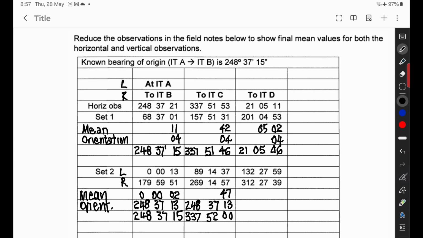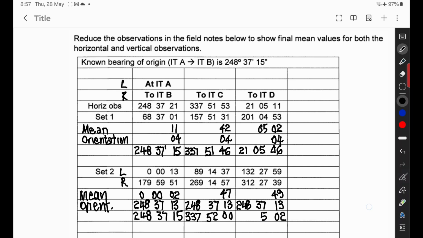Okay, 39, 59, 49. Oh, these are some easy ones. 49, so add our orientation, 248, 37, 13. That's 62. So that's 02. And we carry 1, 7, 7, 14, 15.